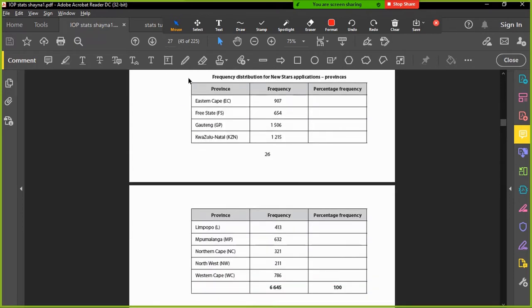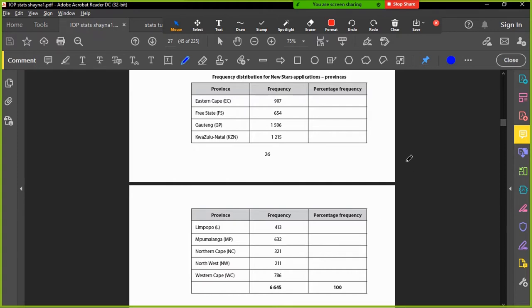Right. Okay, can you do this? Yeah, 907 divided by the total number. I can't remember what the total was. It's on the screen.